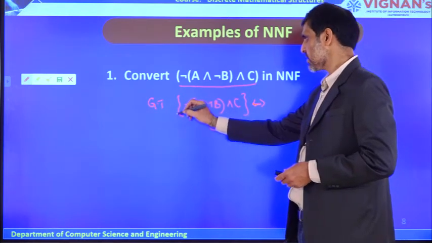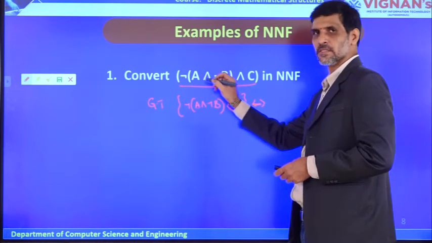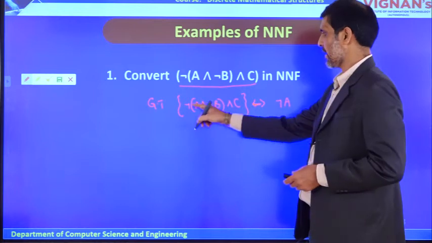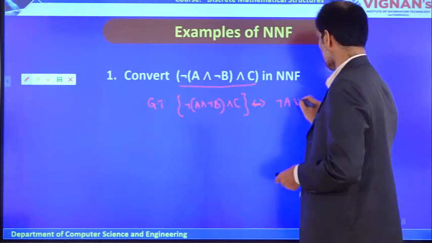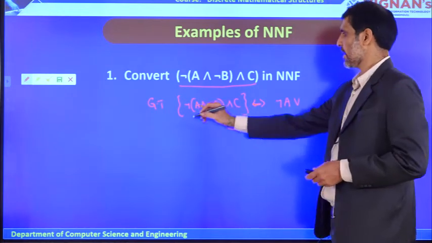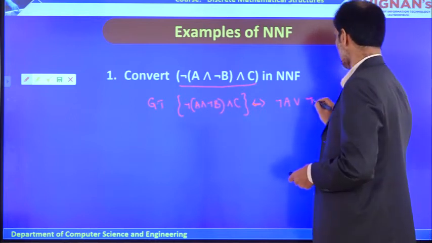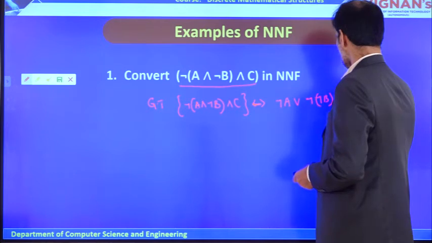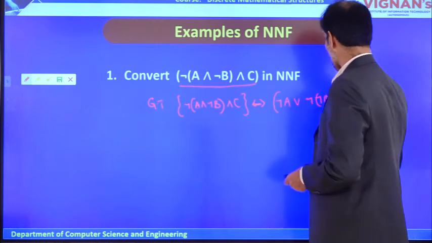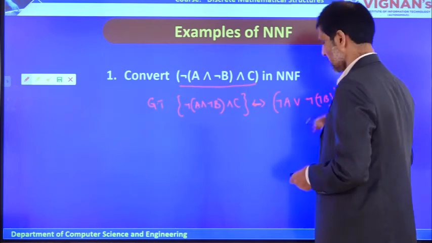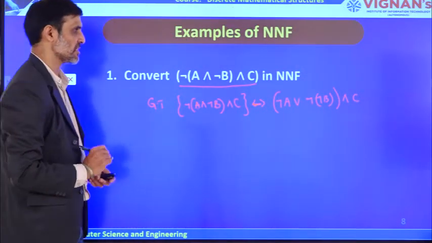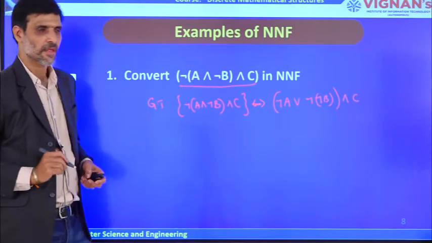So just push this negation inside these braces. What you will get? Negation of A, and negation of AND becomes disjunction, and negation of B by using the formula, and C. This is how we get after pushing that negation inside the given braces.